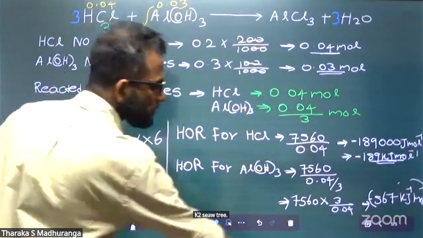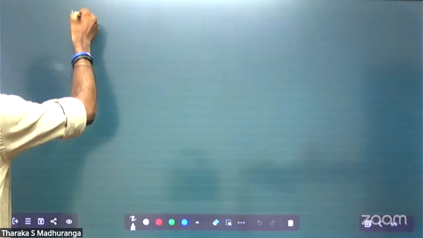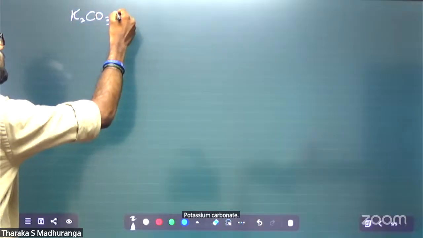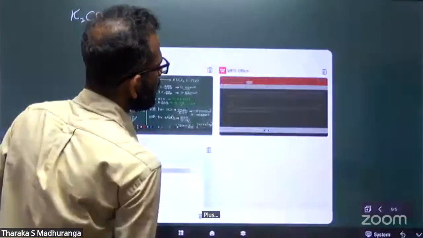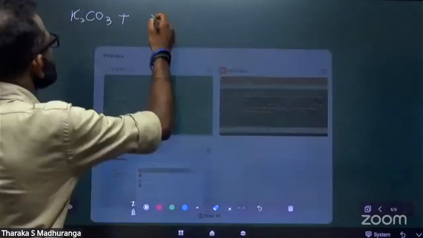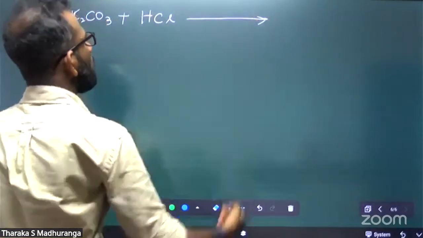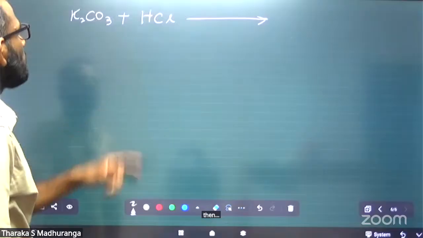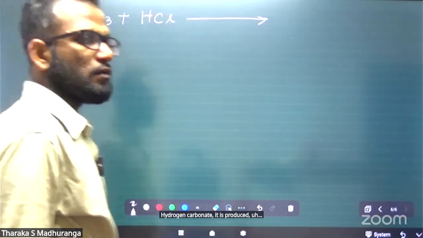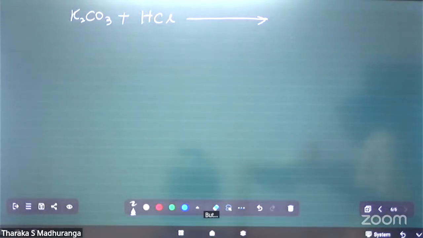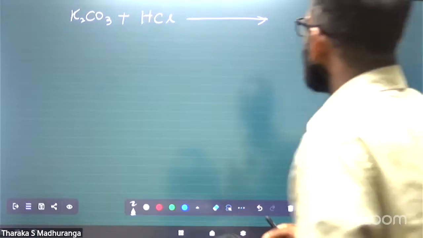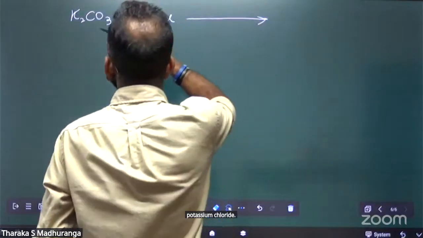K2CO3, potassium carbonate, plus HCl. Then it is produce potassium chloride, KCl.